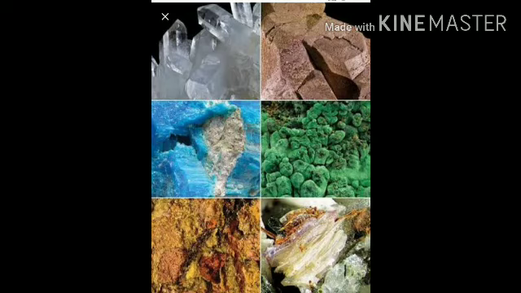These variations exist largely because of the difference in the geological structure, processes, and time involved in the formation of minerals. So, we have studied that in India, minerals are unevenly distributed.